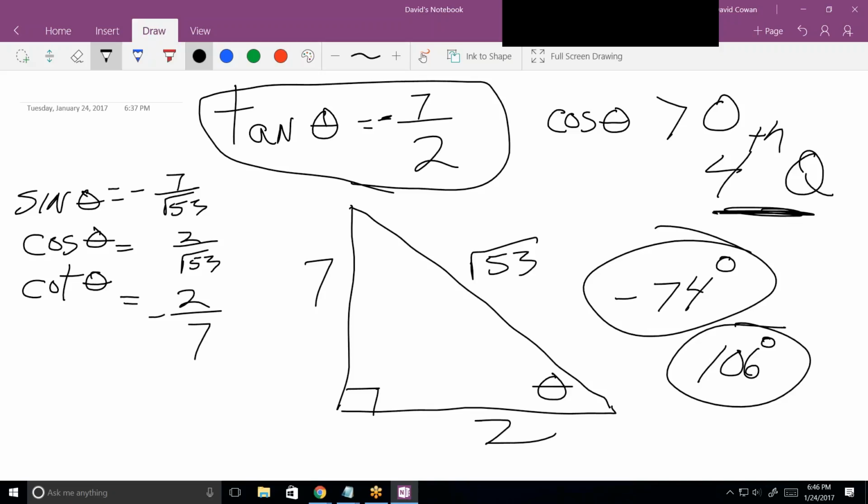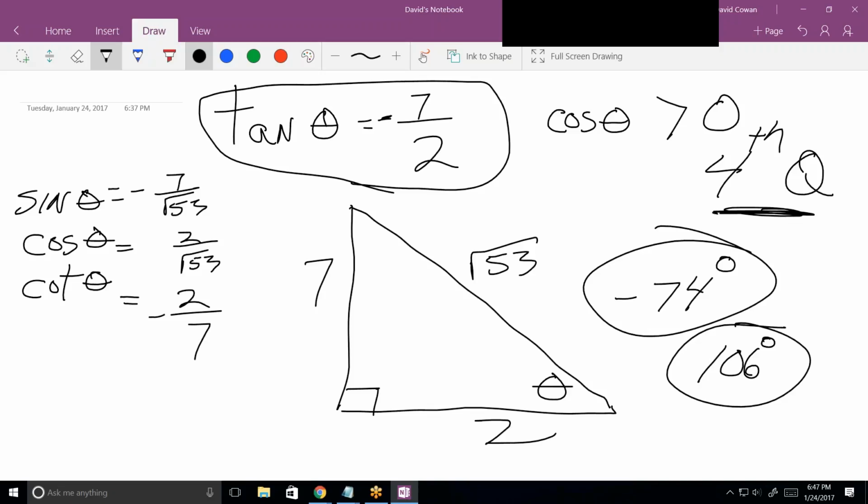It only gives you from two quadrants. Remember that when we did inverse, you have to restrict the domain of the original function, and that's why you end up with only first and fourth for sine and tangent in your calculator. Okay.